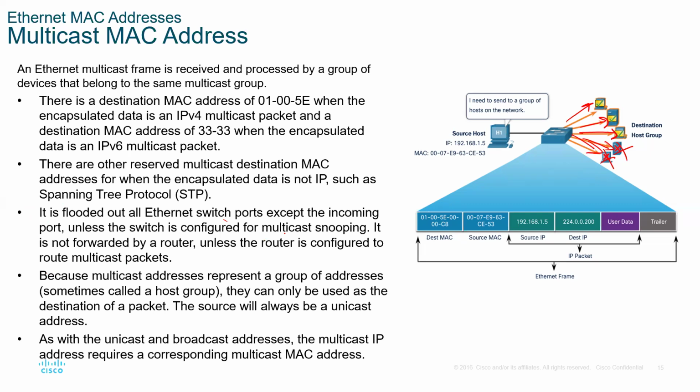However, technology improves, and we now have what we call multicast snooping. With multicast snooping, we have a switch which can be configured to learn which ports have devices that are subscribed to a particular group. Basically, you configure this switch so that it knows these three ports belong to a group.